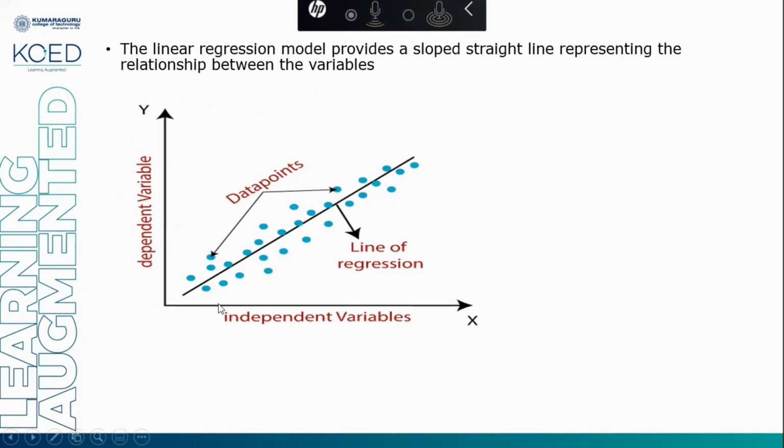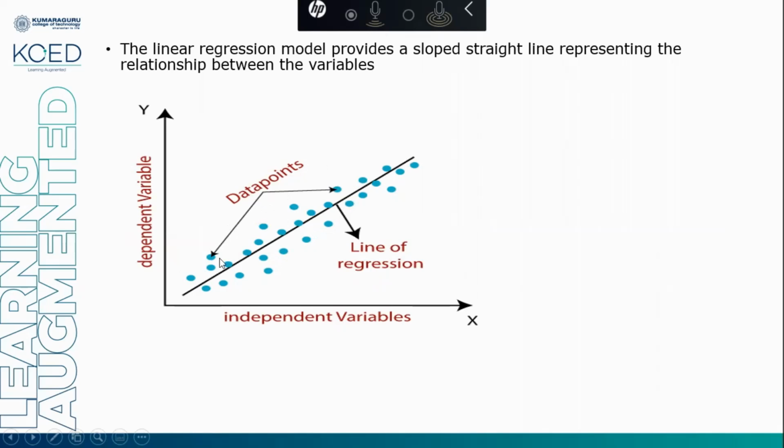So in this diagram, the independent variable is plotted on the x-axis, and the dependent variable is plotted on the y-axis. Depending on the problem, for a simple linear regression it is only one variable; sometimes we will have multiple variables. So x is the independent variable or variables, and y is the dependent variable. Based on the values of x and y, these points are plotted.